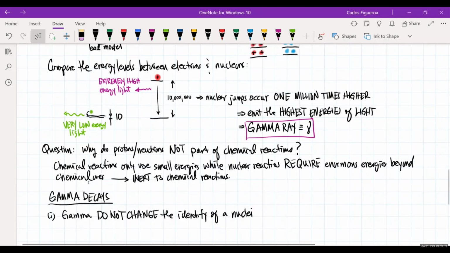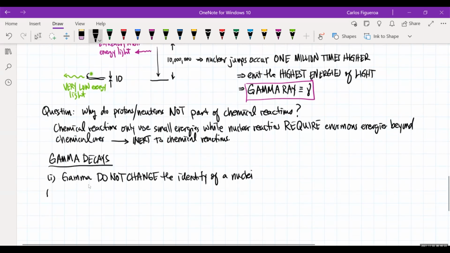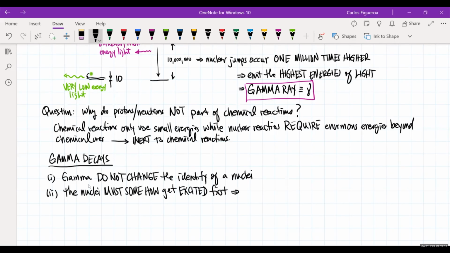So the nuclei must somehow get excited first. That means typically that you need other decays to create an excited nuclei.